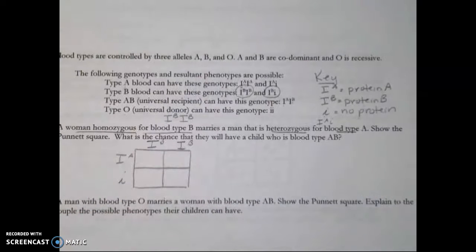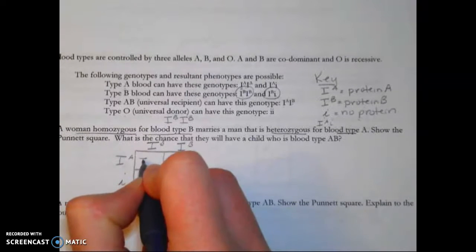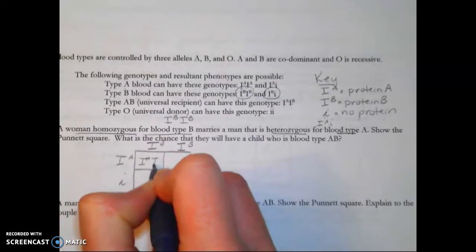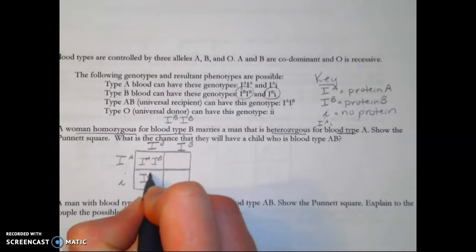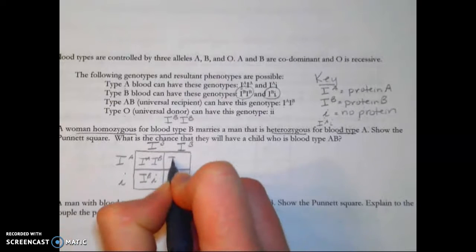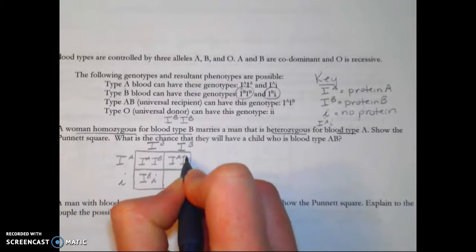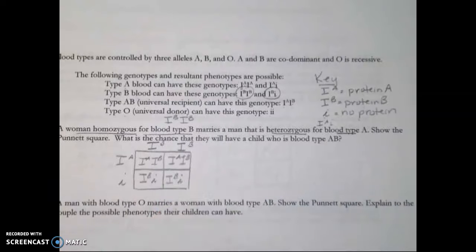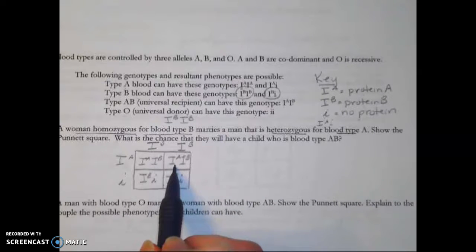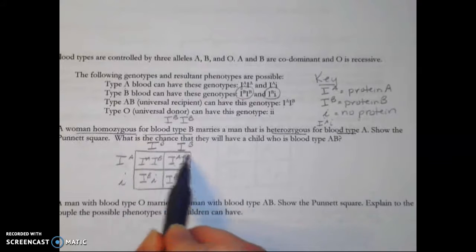We'll fill in our Punnett square. We'll keep the A's first. So I^A I^B, little i, I^A I^B, and little i. Two of our offspring, two of the F1 generation here, are heterozygous co-dominant, so they have AB.